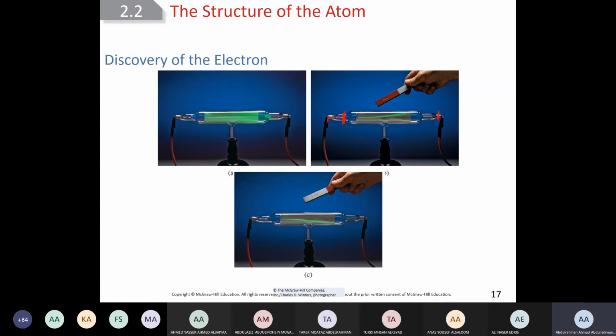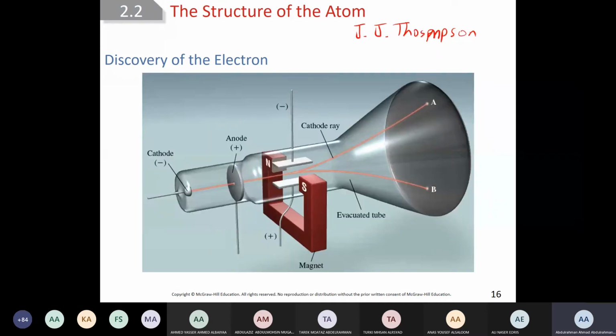This is connected to electricity from this side and this side. See, this is the cathode and this is the anode. The anode and the cathode are connected to electricity like this. All right.